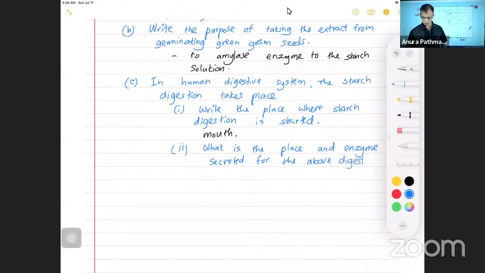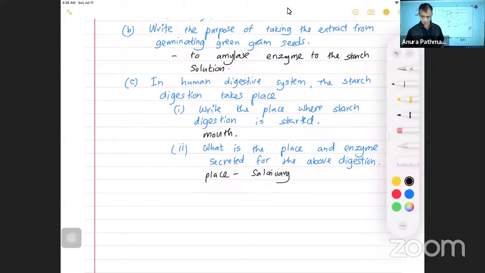Above digestion. Place. What is the place? The salivary glands, the answer. Salivary gland.